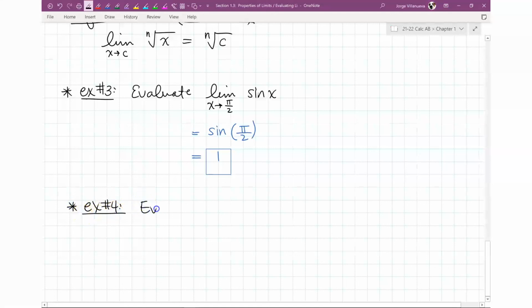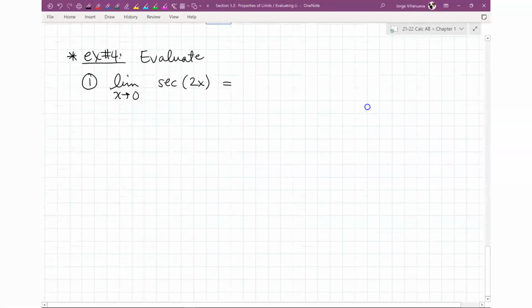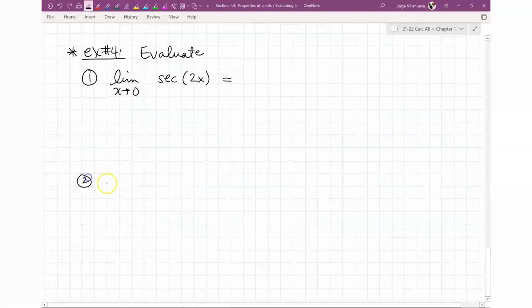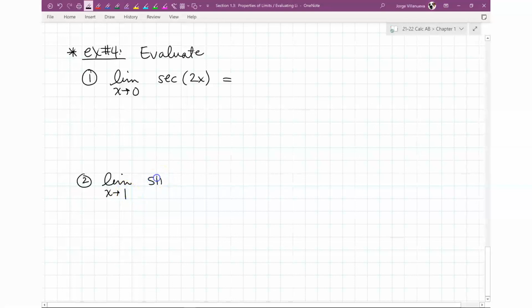So we're just going to evaluate. Number 1 here, the limit as x goes to 0 of secant of 2x. Let's do the limit as x goes to 1 of sine of pi over 4x.